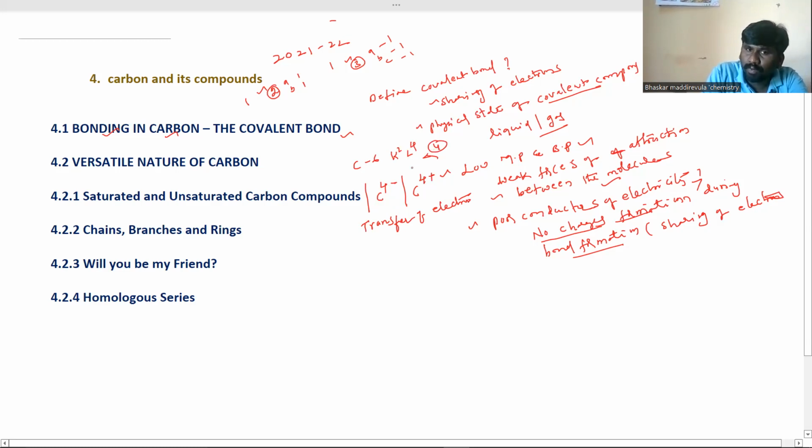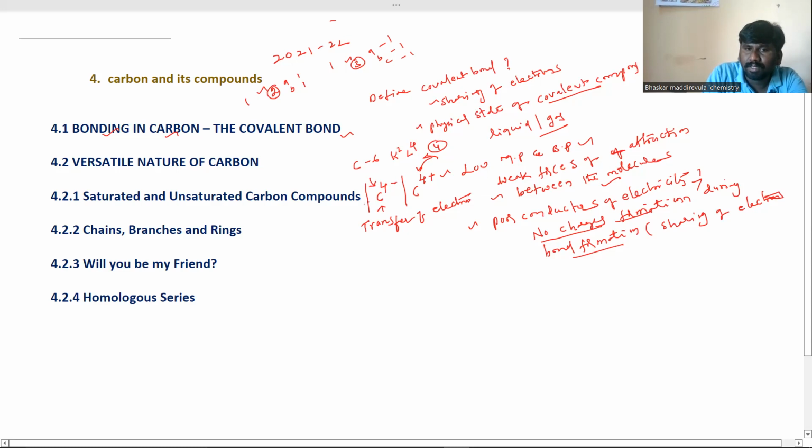For getting the octet configuration, carbon cannot gain 4 electrons. At the same time, carbon cannot lose 4 electrons for getting the noble gas, helium configuration. So carbon cannot form C4 minus, because it is very difficult for those 6 protons to hold 10 electrons.